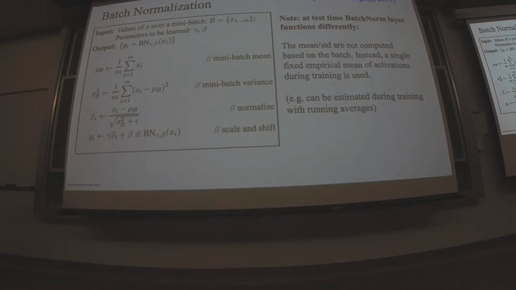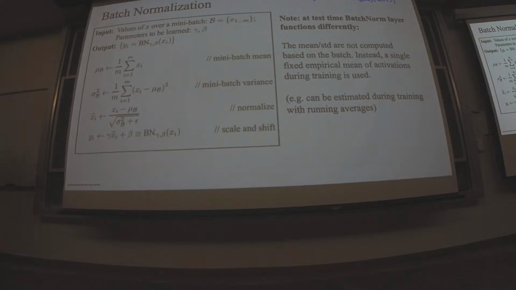And at test time, you then use those means and variances when computing the batch normal layer, like the operation of the batch normal layer. So you don't make it dependent on whatever batch you sampled that test example in, but you make it dependent basically on the training data. So that's important, right?